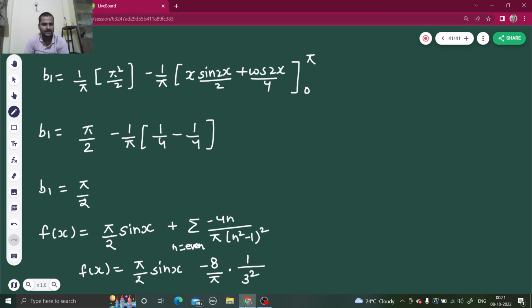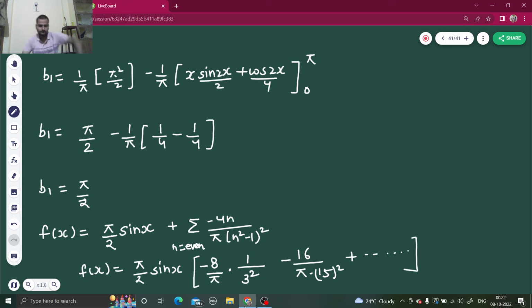Okay, next term at n equals to 4, so minus 16 by pi, 16 minus 1, that is 15 square. Plus dot dot dot.